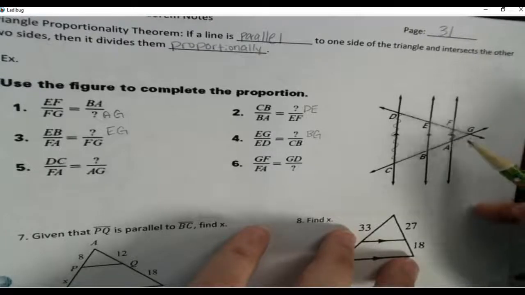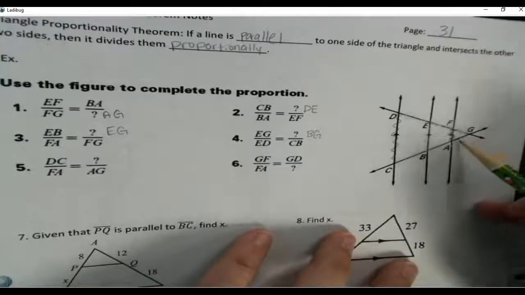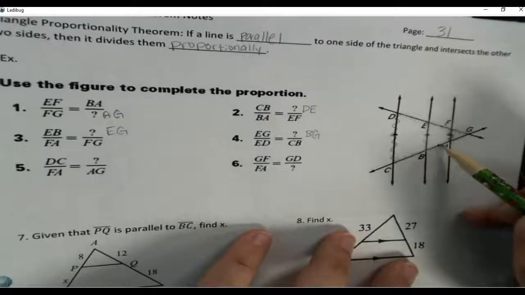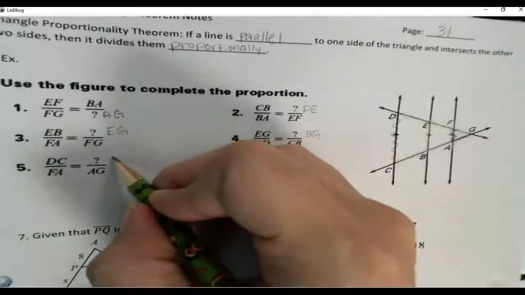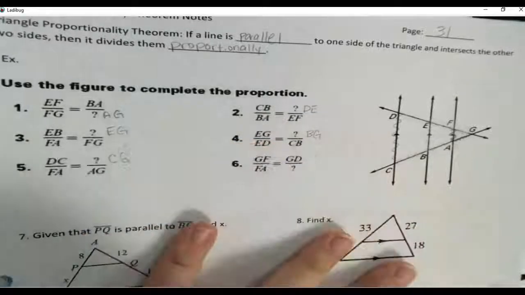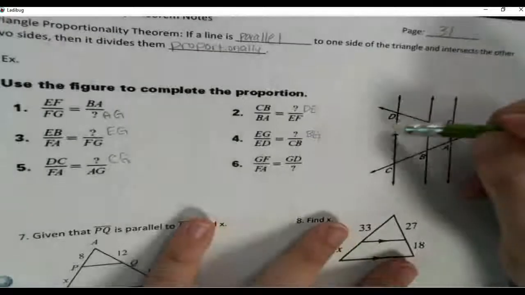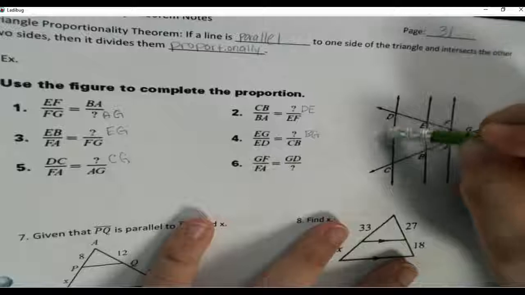So I need the entire side. I have the entire side of the little one, but the entire side of the big one is this whole thing, CG. Question on that one.